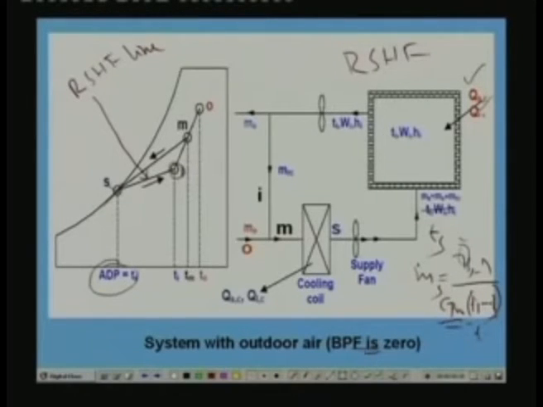So we can find out the mass flow rate of supply air. Once we know the mass flow rate of the supply air, then again performing latent cooling load balance and the total cooling load balance, we can find out the supply air humidity ratio and supply air enthalpy. So we can fix the state of the air. And in fact for this simple case, once you locate this point, you can directly read these values from the psychrometric chart.